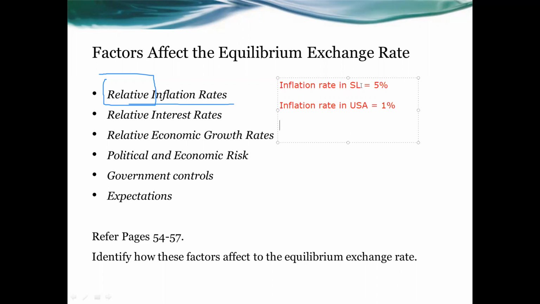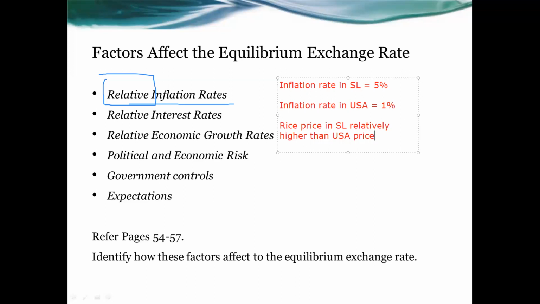When the inflation rate is high, it means our goods and services prices are relatively higher than USA goods and services. For example, a similar product, let's say rice. Because of the high inflation rate, the rice price in Sri Lanka is relatively higher than the USA price. Isn't it? Right?